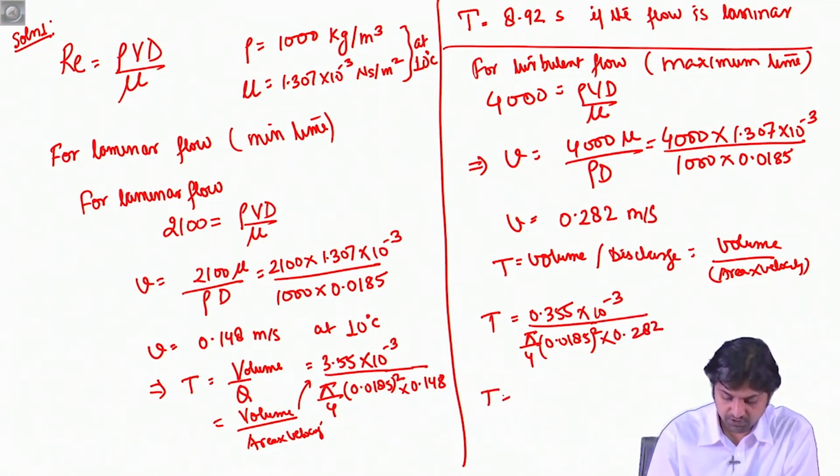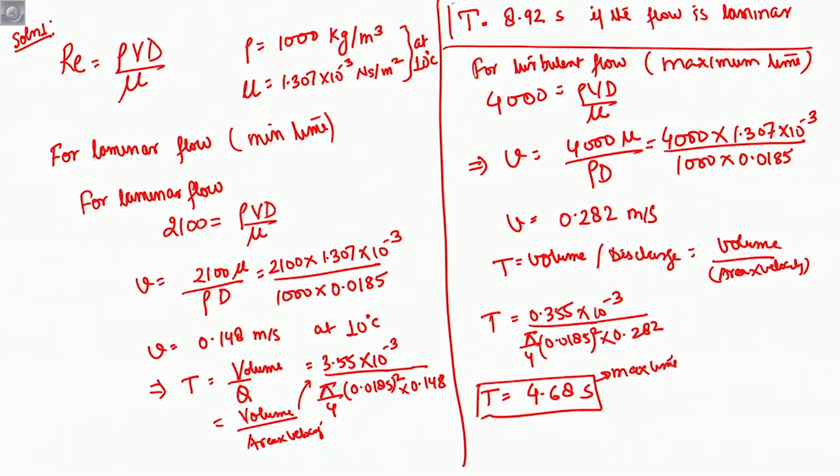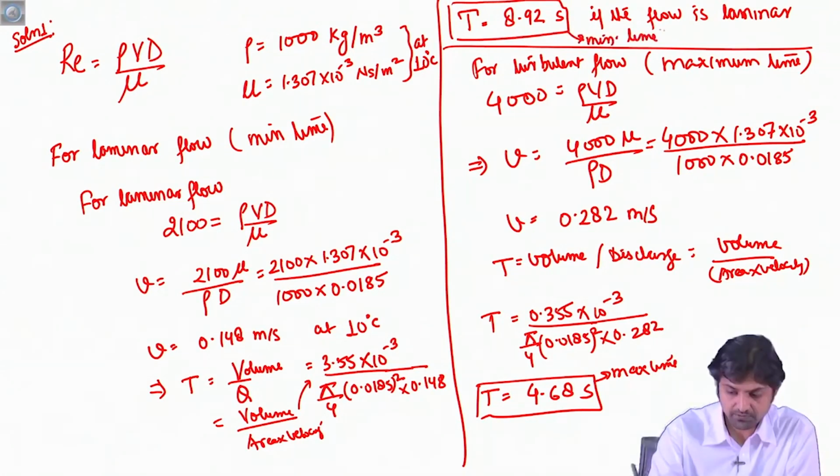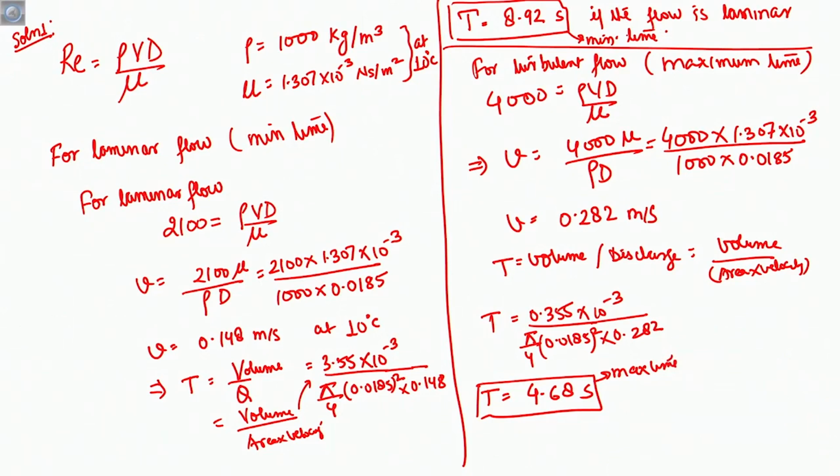So the maximum time required is going to be 4.68 seconds. This was the maximum time, and the earlier one was the minimum time. So you have seen how this is calculated.